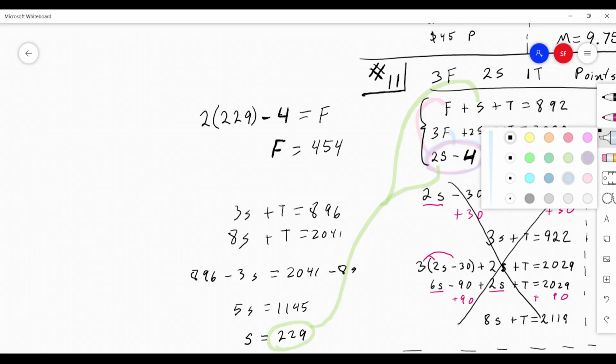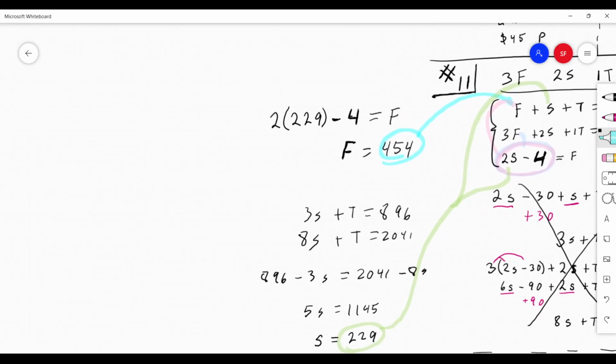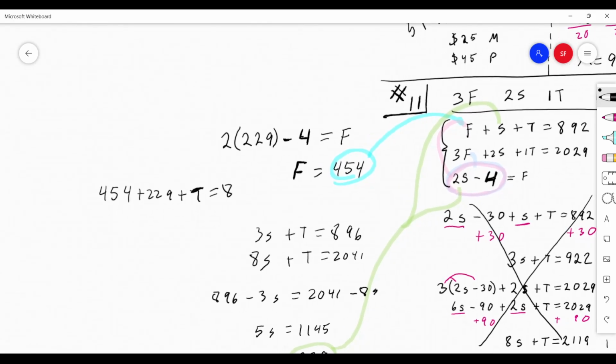Or just do this into this one. Just add those two and subtract, which is exactly what you're going to do. 454 plus 229 plus the third place equals 892.